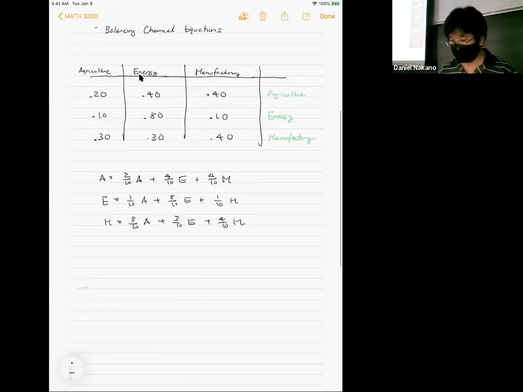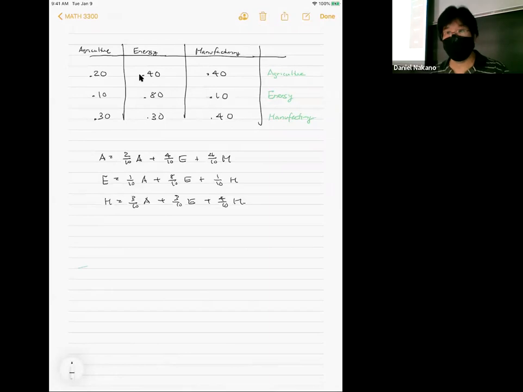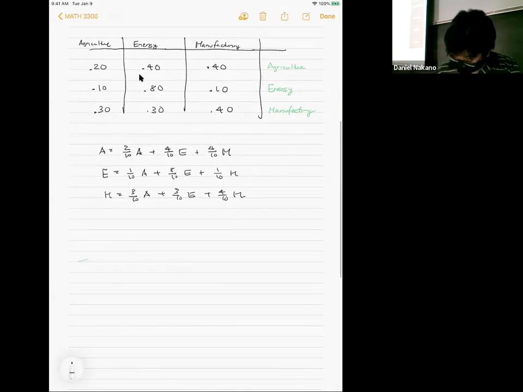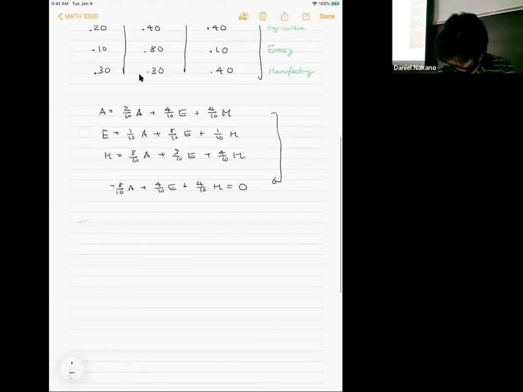Here I have a linear system, and I want to balance everything out, so I have to put the A to the other side. I get 8/10 of A plus 4/10 of E plus 4/10 of M is 0. That's the first equation. The second equation is 1/10 of A plus minus 2/10 of E plus 1/10 of M is 0.